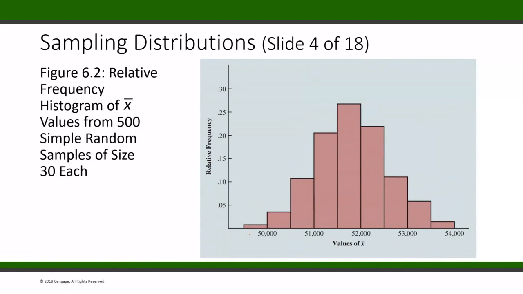Very small fraction has a salary below 50,000, and also a small fraction has a salary above 54,000. Most of the people are in the middle range. I think about 25% of samples are in this range, maybe 27%, and very few are here and here.